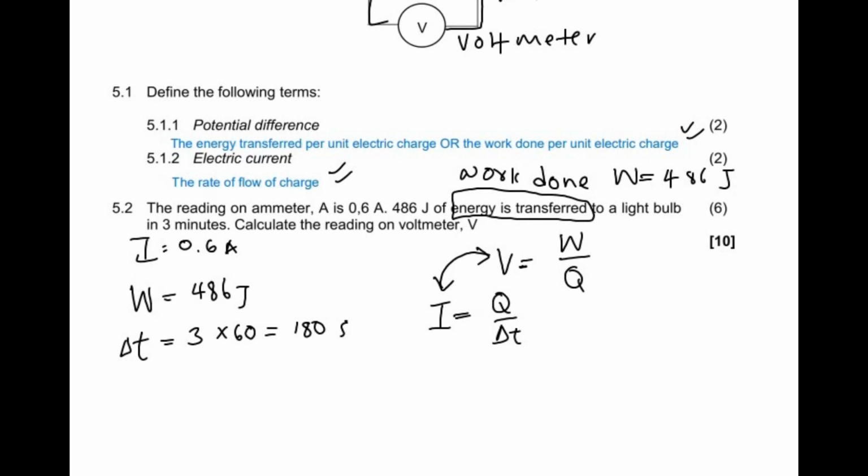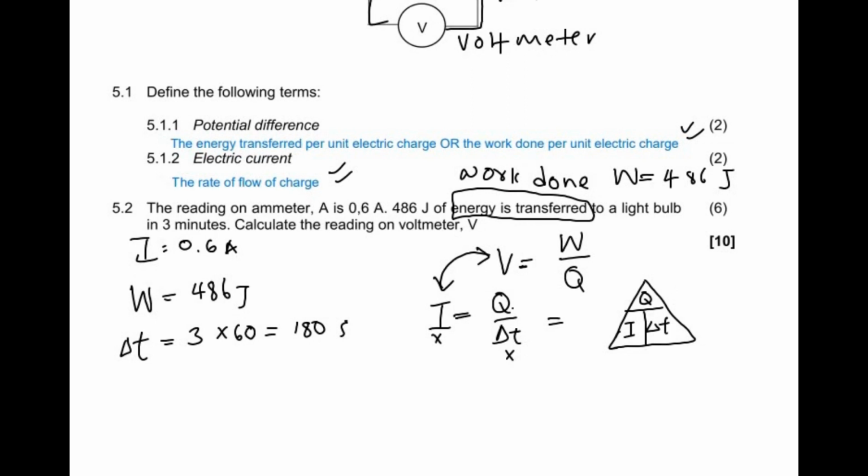I see there's Q here, there's Q. I have the current, I have the change in time, it means I can find Q. If we use this nice triangle, we find that the current I equals Q in the numerator divided by delta T in the denominator.